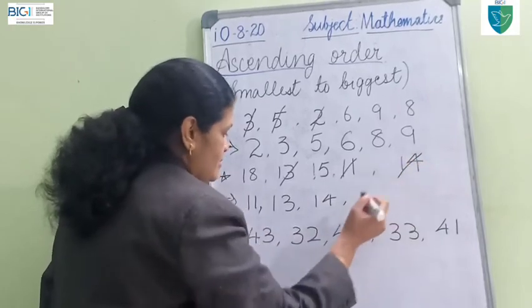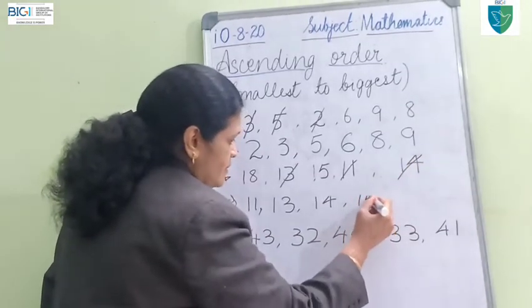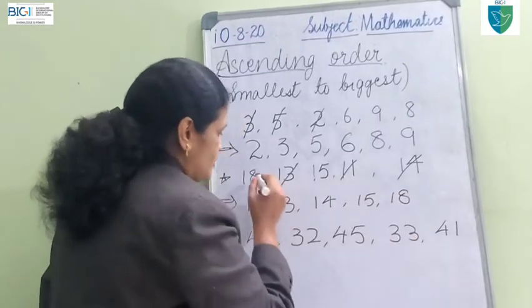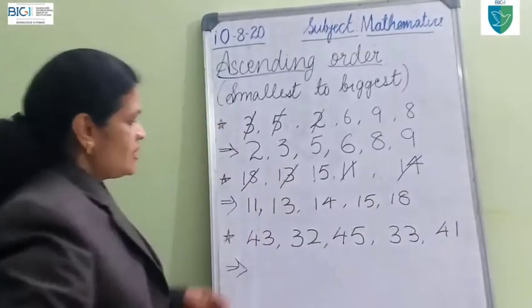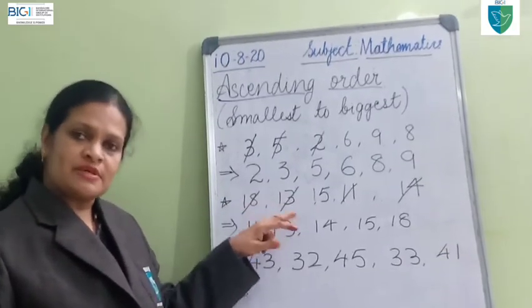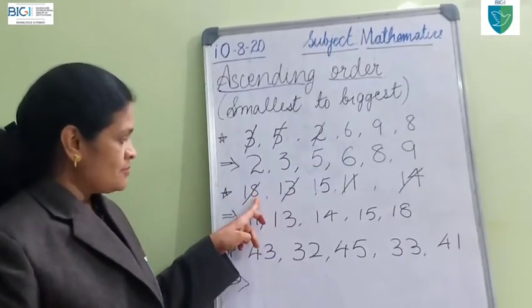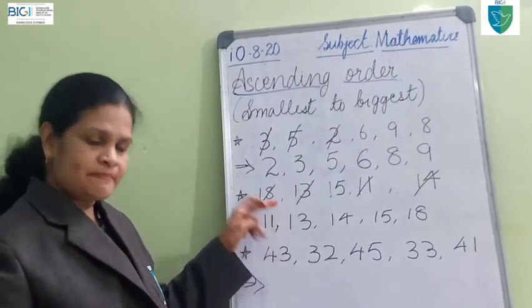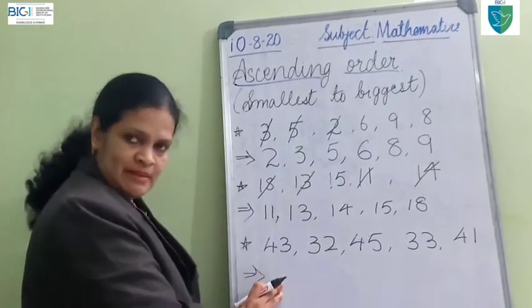Then comes 15 and 18. So, when you have a set of numbers from the same family, you have to consider the place value of the ones. Now the last example here.